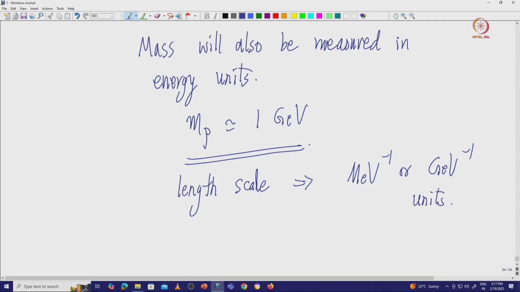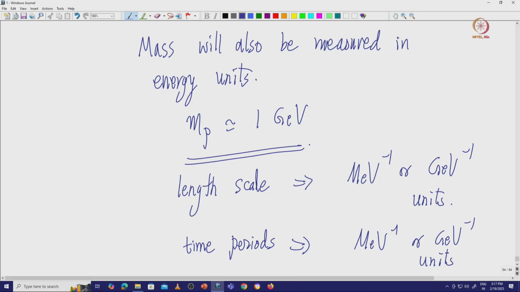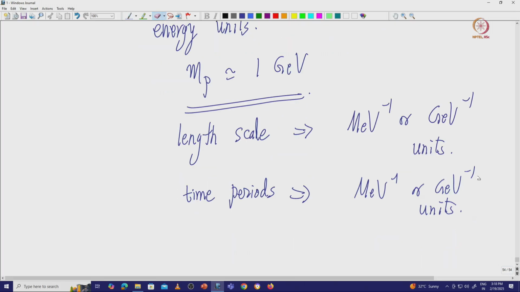Time periods will also be measured in MeV inverse or GeV inverse units. These are called natural units.